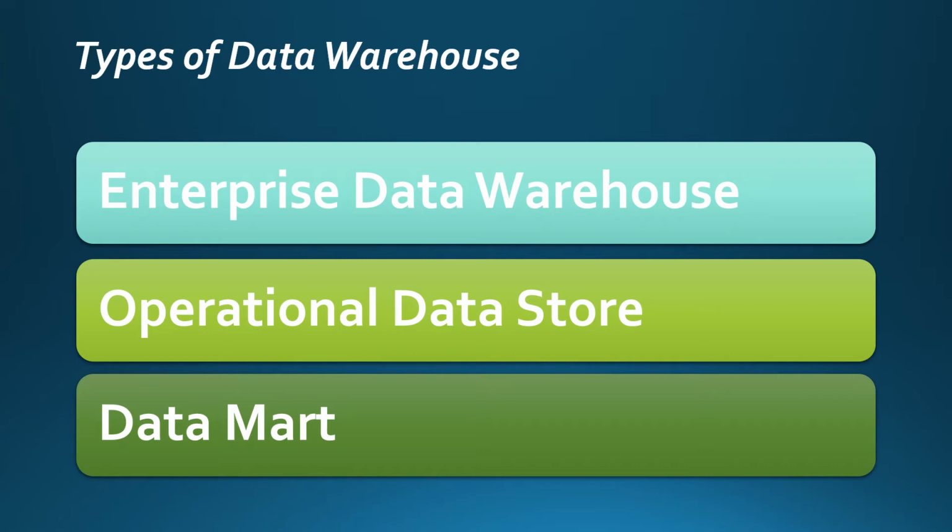Now I will talk about the types of data warehouse. We have three types of data warehouse: enterprise data warehouse, operational data store, and data mart. I will start with the enterprise data warehouse. An enterprise data warehouse is a centralized warehouse that provides decision support services across the enterprise.